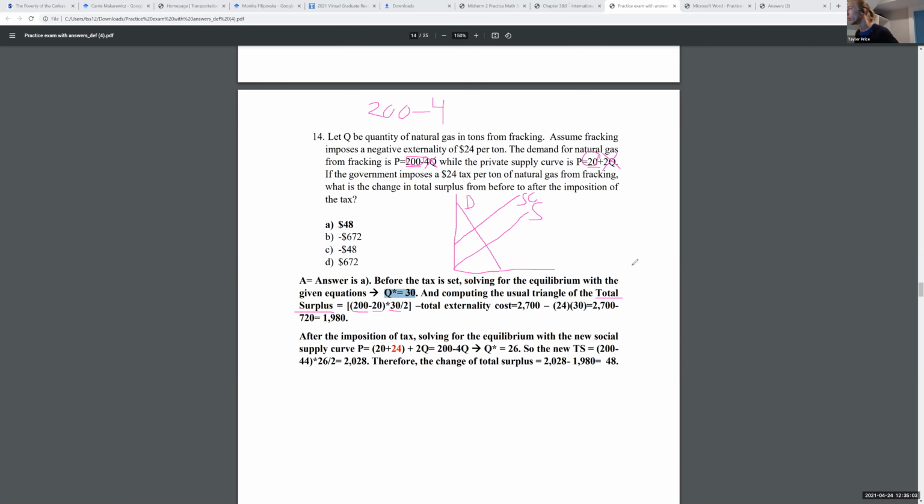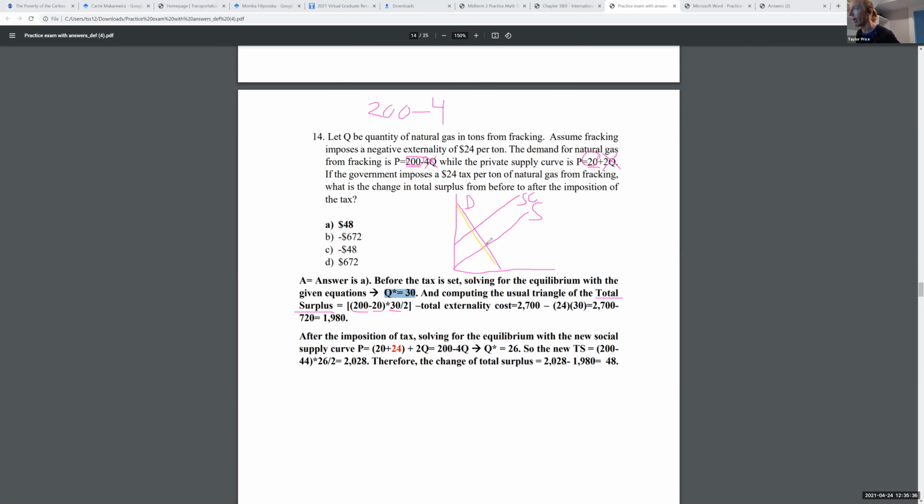Yeah, so for this one, do you want me to shade where total surplus is before the externality or after the externality? Before, okay. So before, let me choose a different color. Before, we're just gonna have the normal surplus.